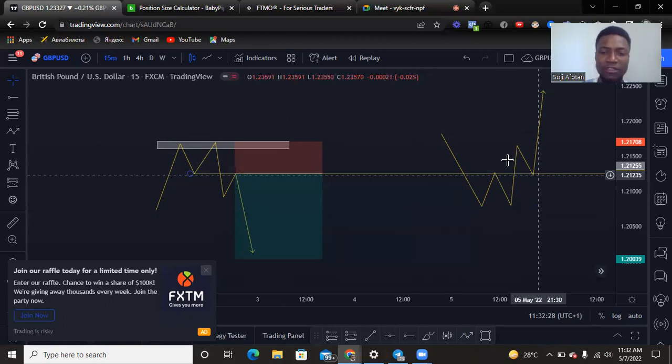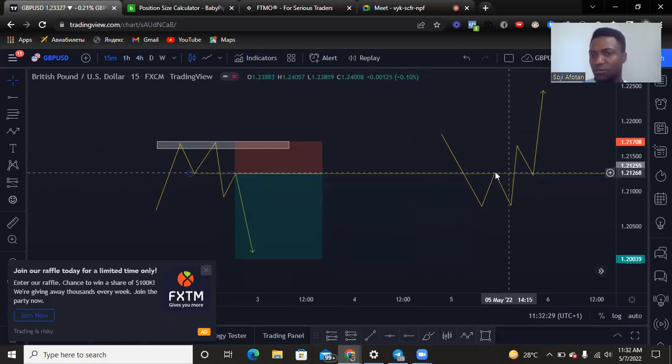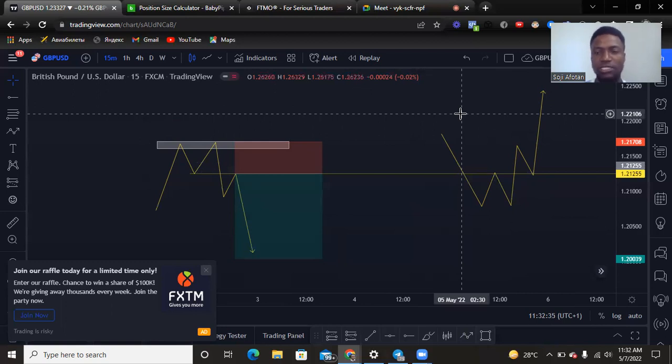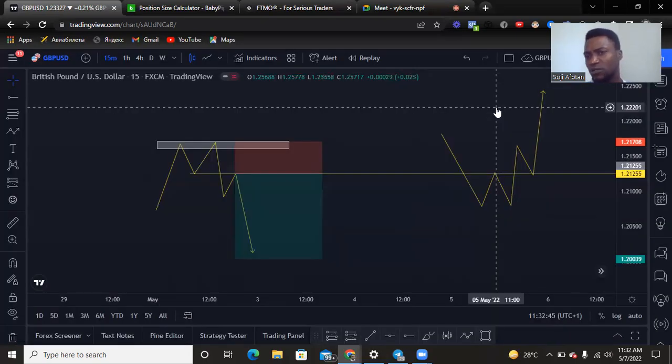And most times it will get to this level and you start noticing weak rejection around this level. One thing you need to keep at the back of your mind is that it does not retest every time. But most times there would be a retest. It's just like your head and shoulders, it will be coming back to retest the neckline.